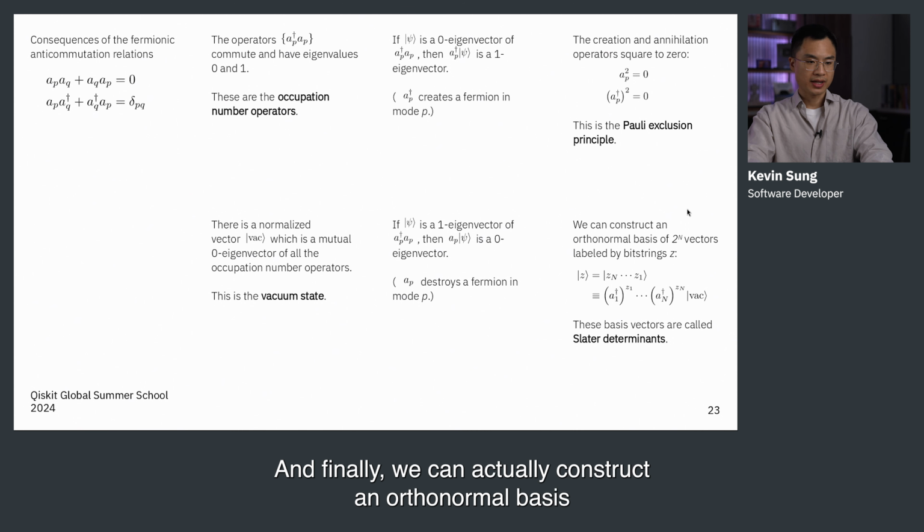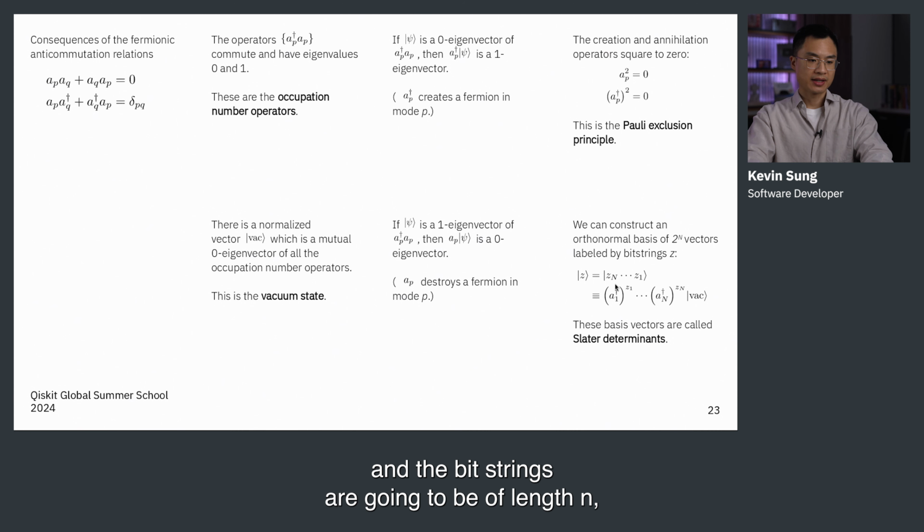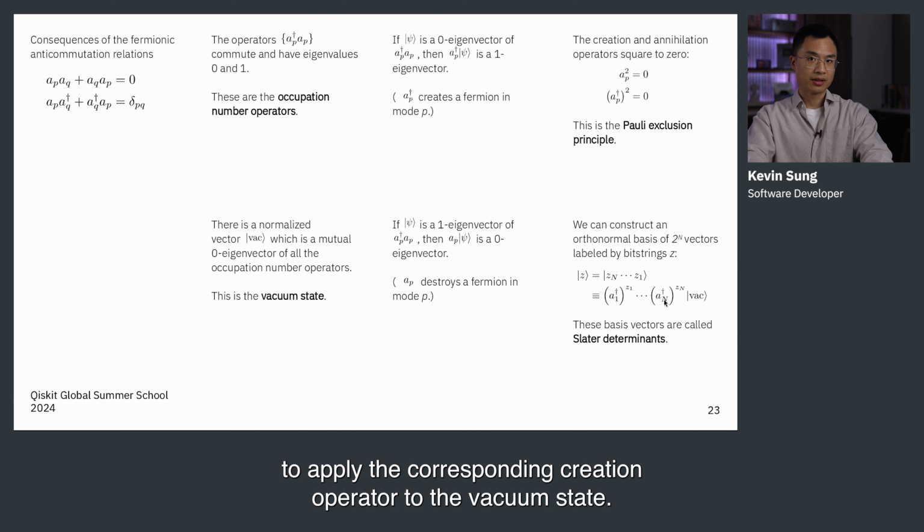Finally, we can construct an orthonormal basis of 2 to the n vectors labeled by bit strings z. The bit strings are of length n, and the values of the bits tell you whether or not to apply the corresponding creation operator to the vacuum state.